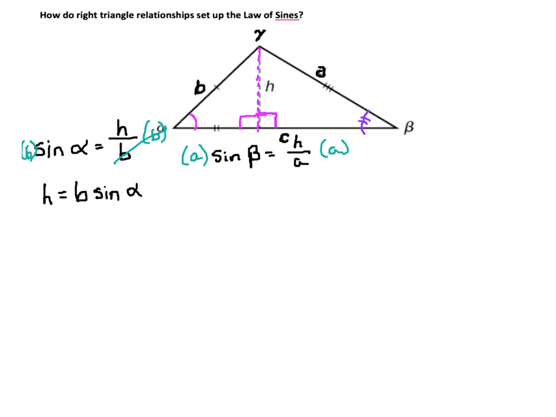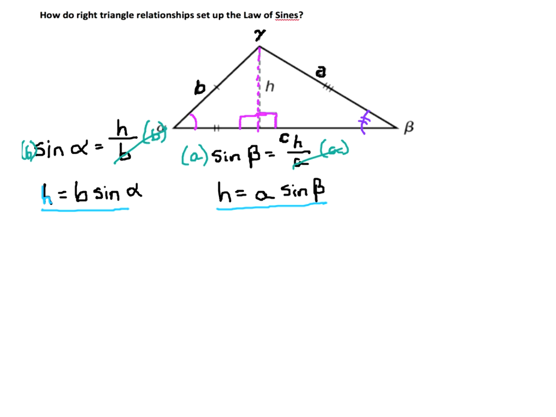I'm going to multiply both sides by that denominator, in this case A. And here I get another expression for my height now. Height is equal to A times the sine of angle beta.